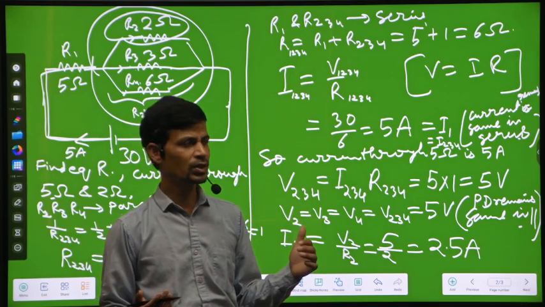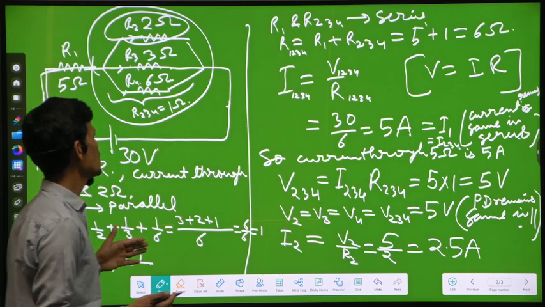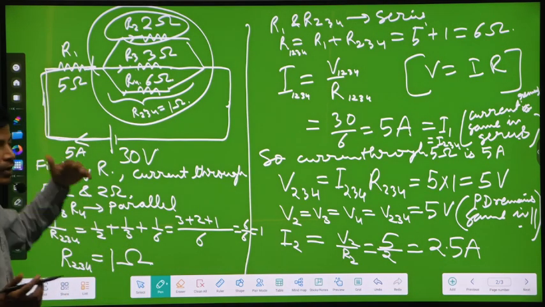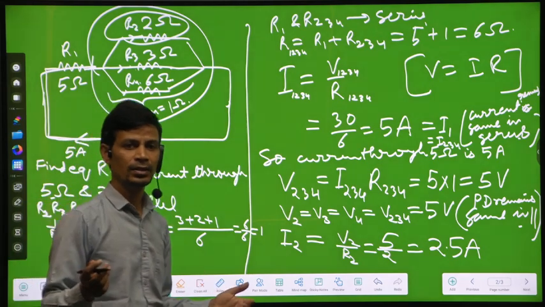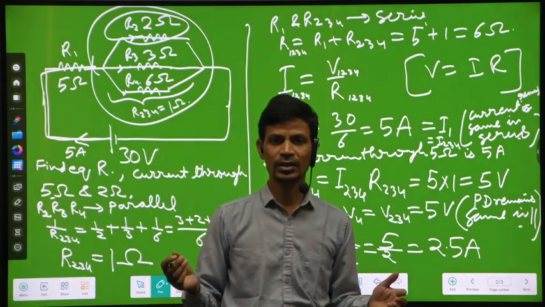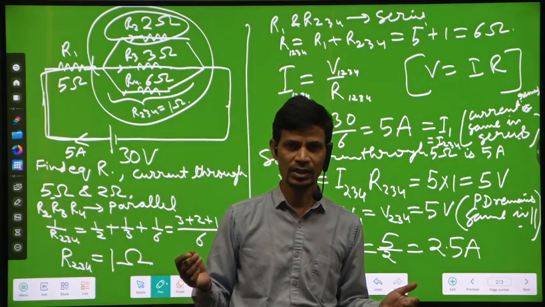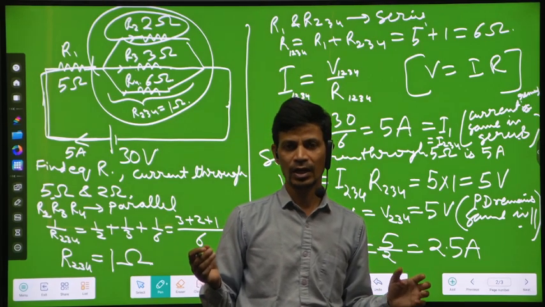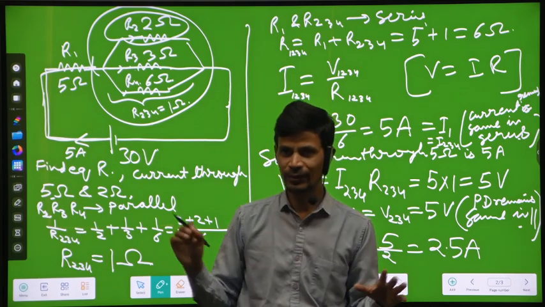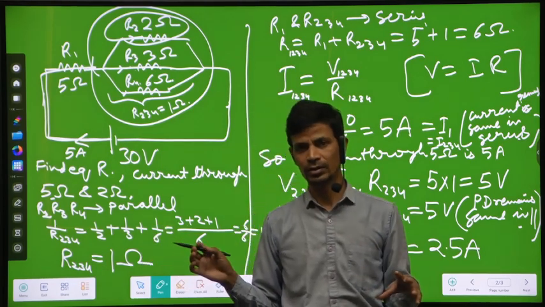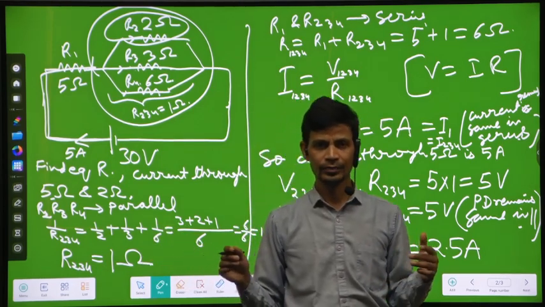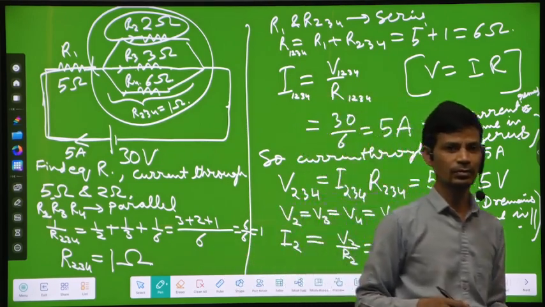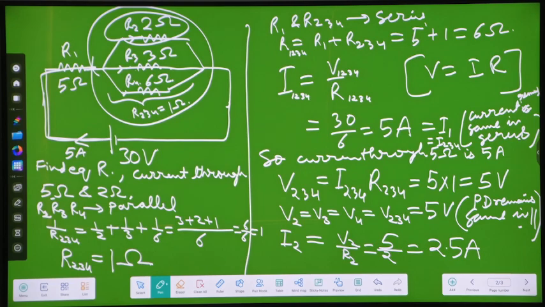In this question, the basic idea was: are we able to apply the concept that in a series combination current remains the same, and in a parallel combination potential difference remains the same? Are we able to apply that concept or not? In the next video I will explain some more complicated problems.